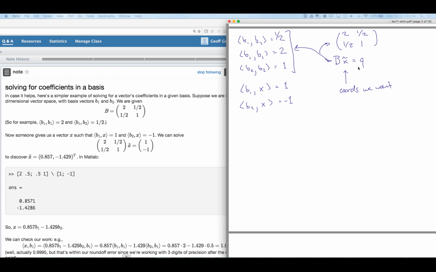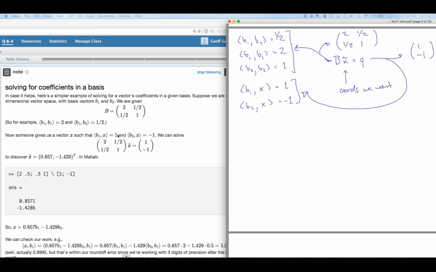And Q comes from this information here, right? And in particular, Q is the vector 1, -1. Its jth element is the dot product of x with bj. All right? And we can just give this equation, right? So if we write out this equation here, that is this equation right here in the Piazza.